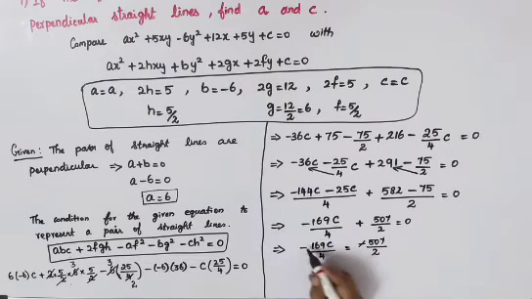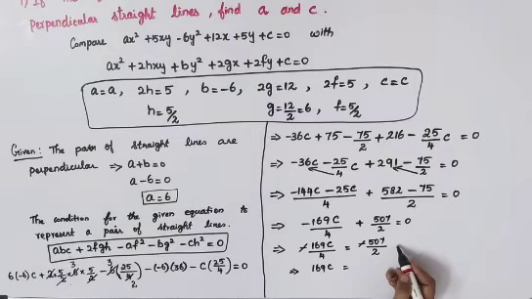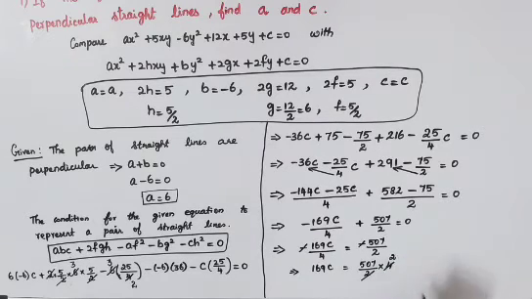Now you can cancel this minus and this minus. So 169C is equal to, take this 4 towards that side, so it will come to multiplication. So 507 divided by 2 into 4, cancel this 2 and this 4 you will get twice. So 169C is equal to 507 into 2, you will get 1014.